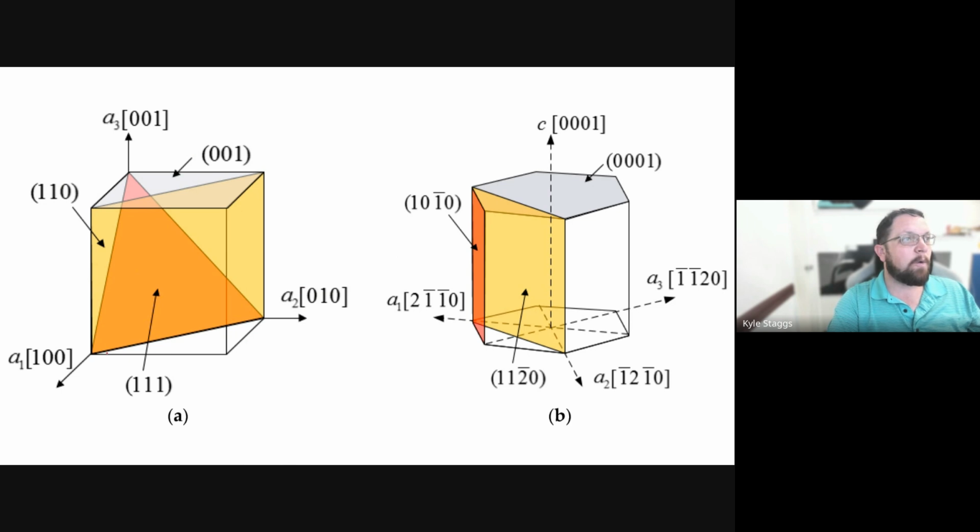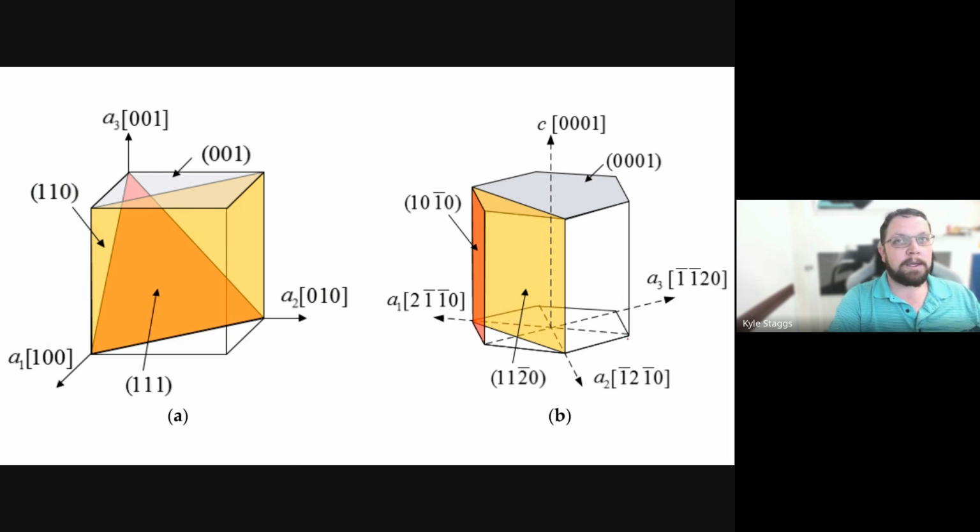You have a 111 that's going diagonally, and you have your 110 that goes across. So this is the 100, this front plane. The 110 is going diagonally back here.